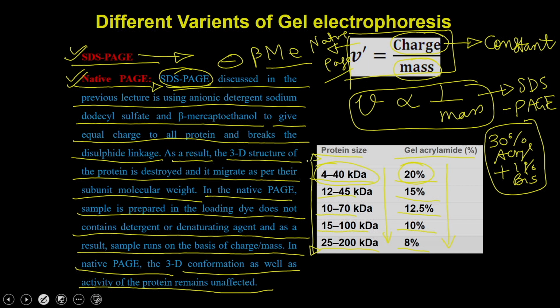People have done different types of experiments, and that is how they came up with these values. But the problem comes when you have to resolve a protein of 500 kDa, for example, or even a 2000 kDa protein, or multimeric protein complexes.